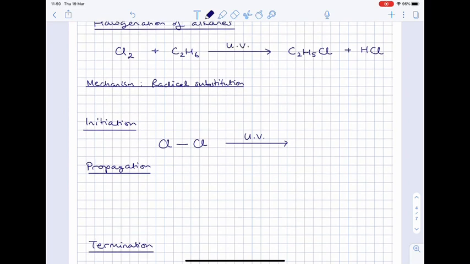So we're going to produce 2 radicals. So we show radicals with a dot, and this is through homolytic fission. Okay, so homolytic fission is the breaking of a covalent bond. So you must say covalent bond in the exam, where one of the electrons in the bond moves to one atom forming the bond, and the other electron remains with the other atom that formed the bond.